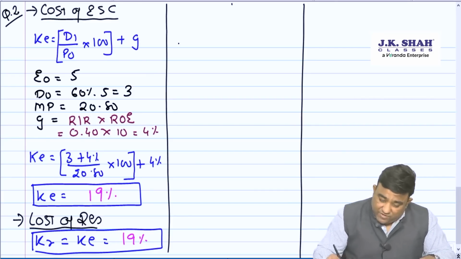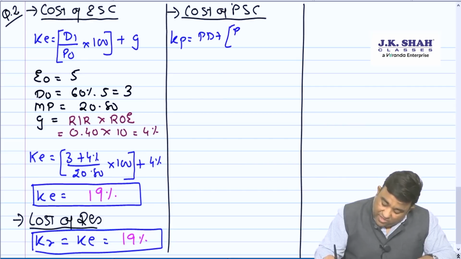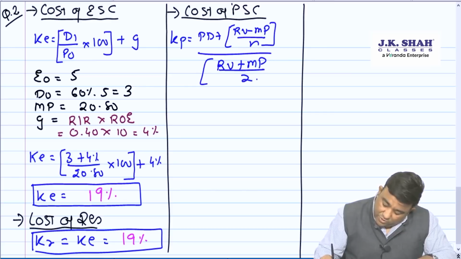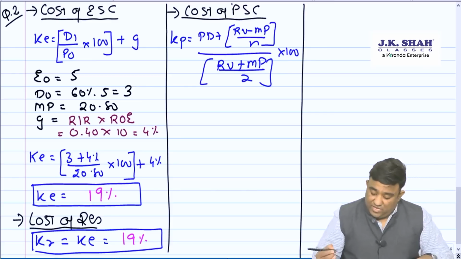Let us work out thereafter the cost of preference share capital. Yes, KP is PD plus RV minus market price, divided by number of years, whole divided by RV plus market price upon 2, into 100. Can I have my figures ready? Yes.